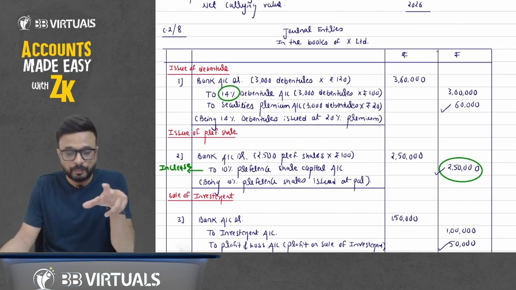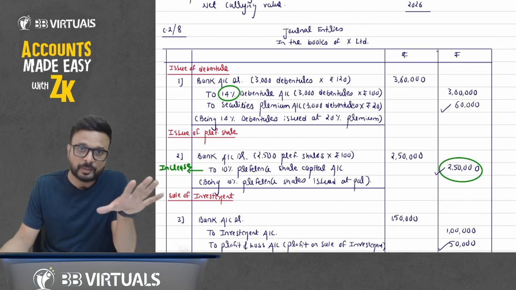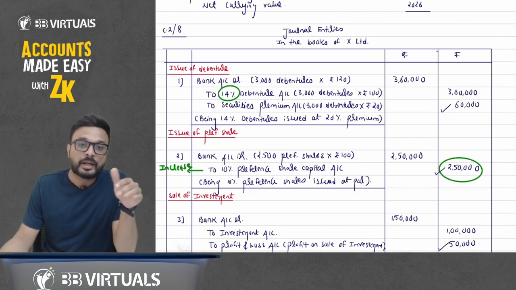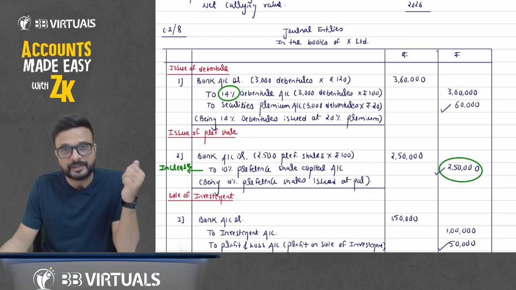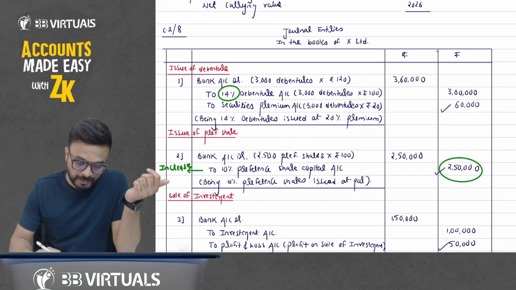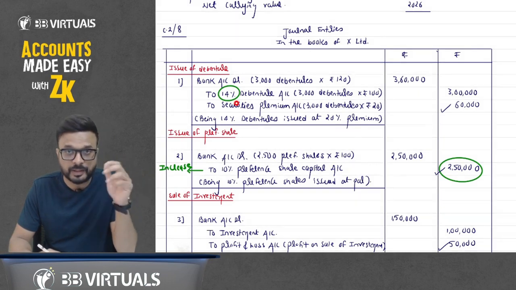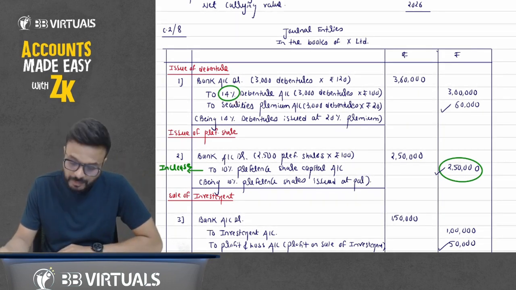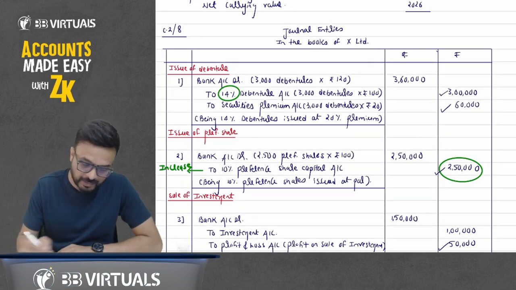In one debenture we are liable to pay interest at the rate of 12%, and in the other at 14%. This is of rupees 3 lakh.